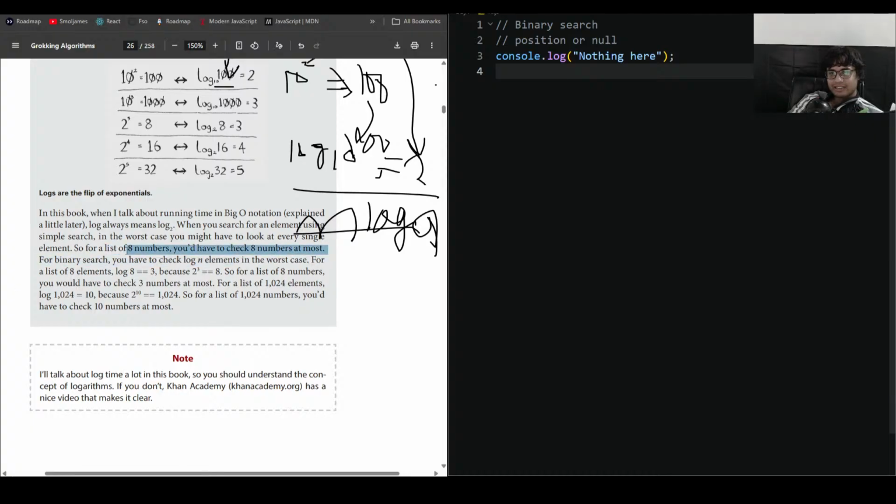For binary search, you have to check log n elements in the worst case.